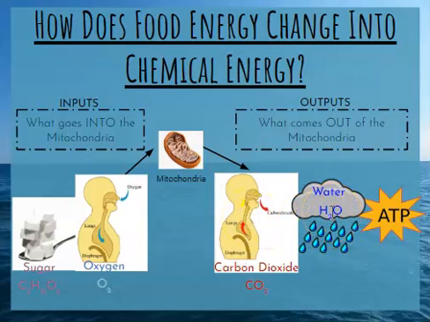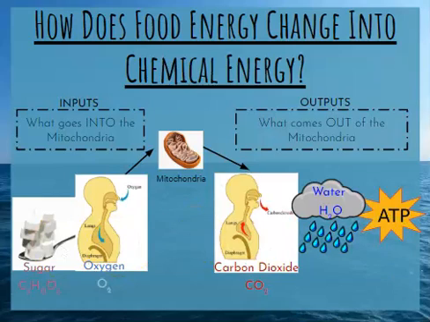If you put your hand in front of your mouth, you can actually feel this. You can feel the water on your hand and you can feel the carbon dioxide leaving your body. But what stays in your body is the ATP. That's the energy that your cells can use. That's why the mitochondria is the powerhouse of the cell. It can make this energy that the rest of your cells can use to build their cell parts and build new cells for your body to be able to survive.